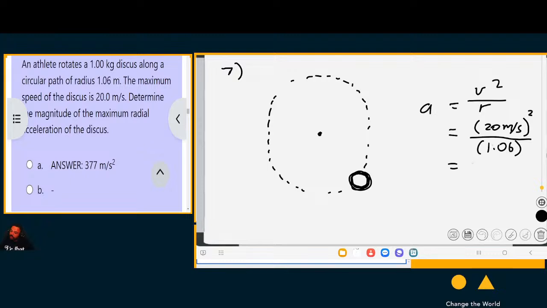That's approximately 377 meters per second squared. One of the meters cancels out, leaving your answer with the units of meters per second squared, which is also the units of acceleration. And that is how you do that problem. Quite simple, actually.